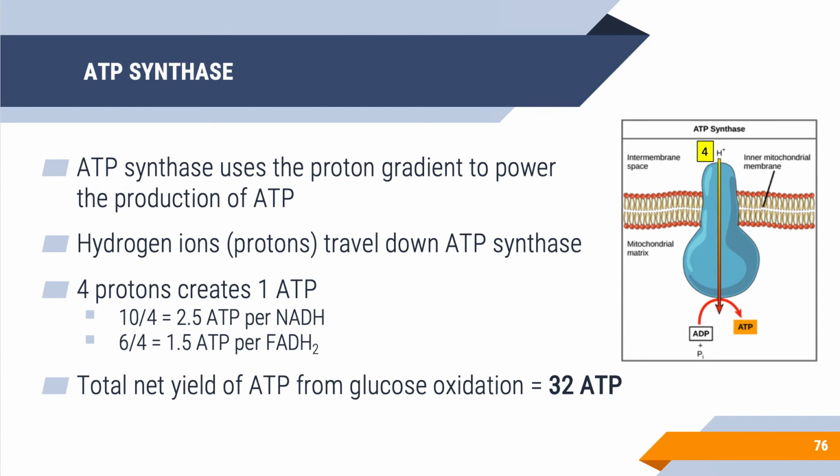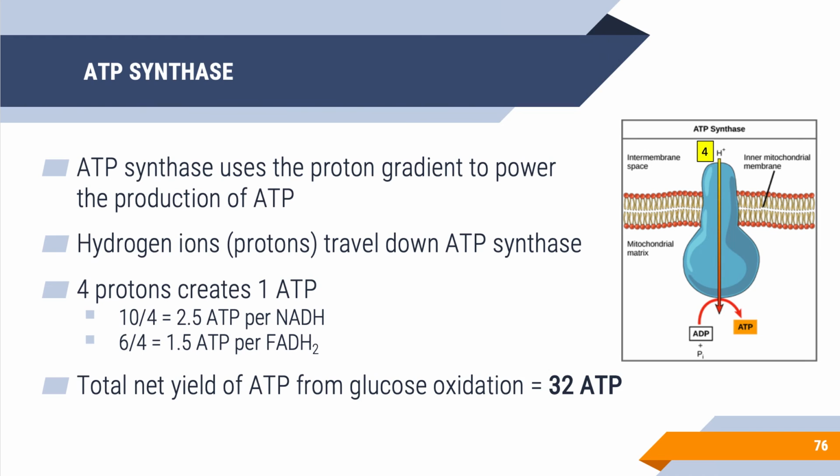So what we've done now is created this proton gradient in the intermembrane space, and that proton gradient is actually used to drive ATP synthesis through ATP synthase, or complex 5 of the electron transport chain. So these hydrogen ions or protons travel down that ATP synthase and can actually convert ADP into ATP. So 4 protons are needed to create 1 ATP.